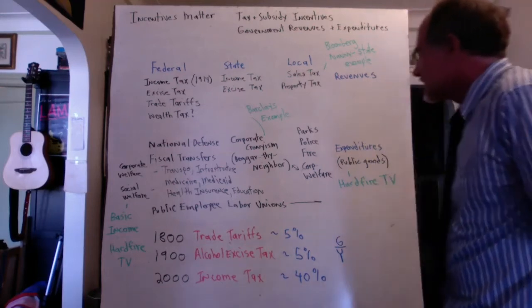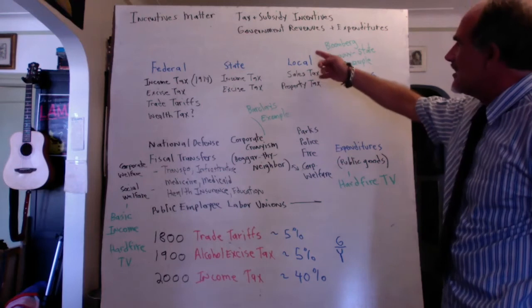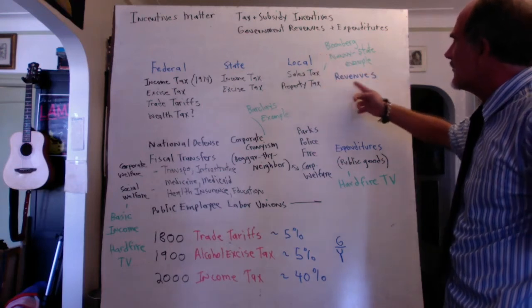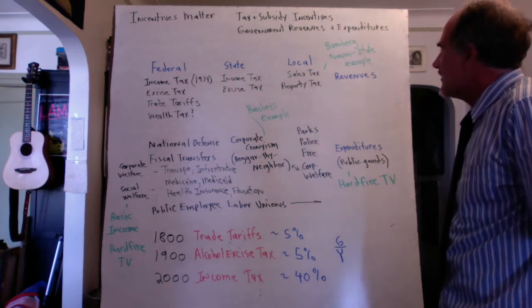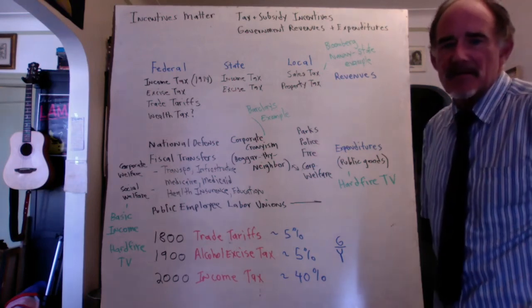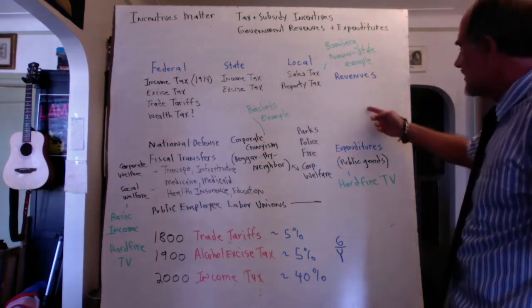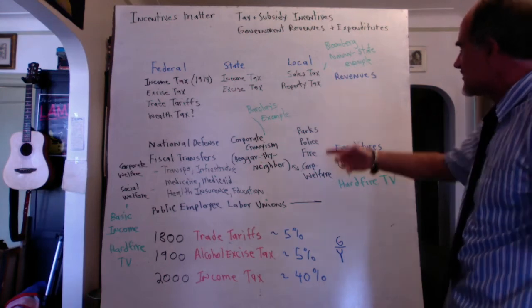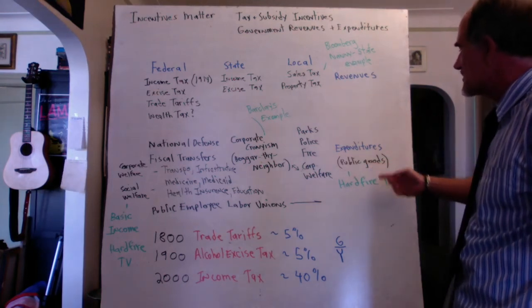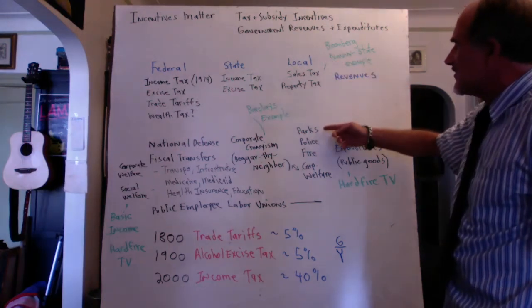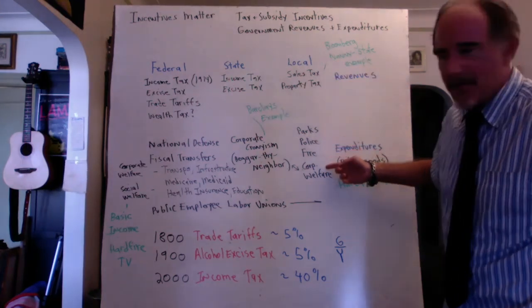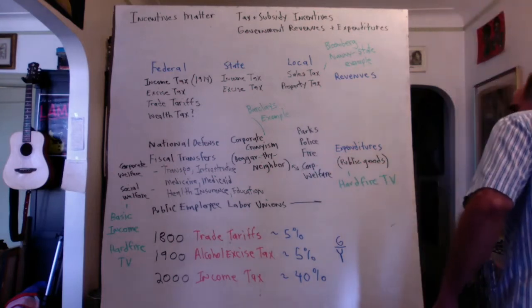Okay, so then at the local level, revenues come from the sales tax and property tax. And then again, the expenditures at the local level are supposed to be used for public goods. At the local level, that would be parks, police, fire, and public education.